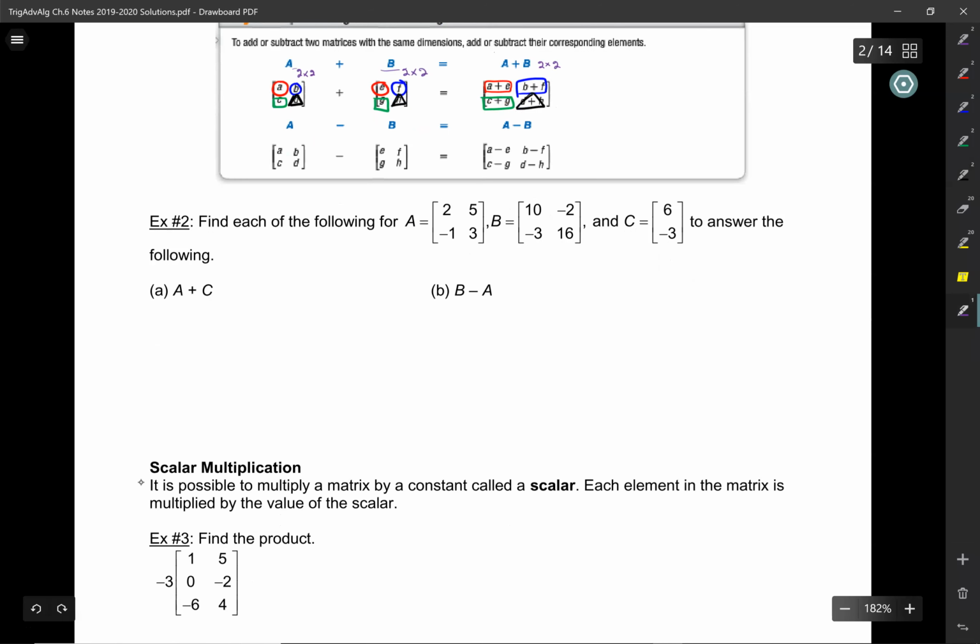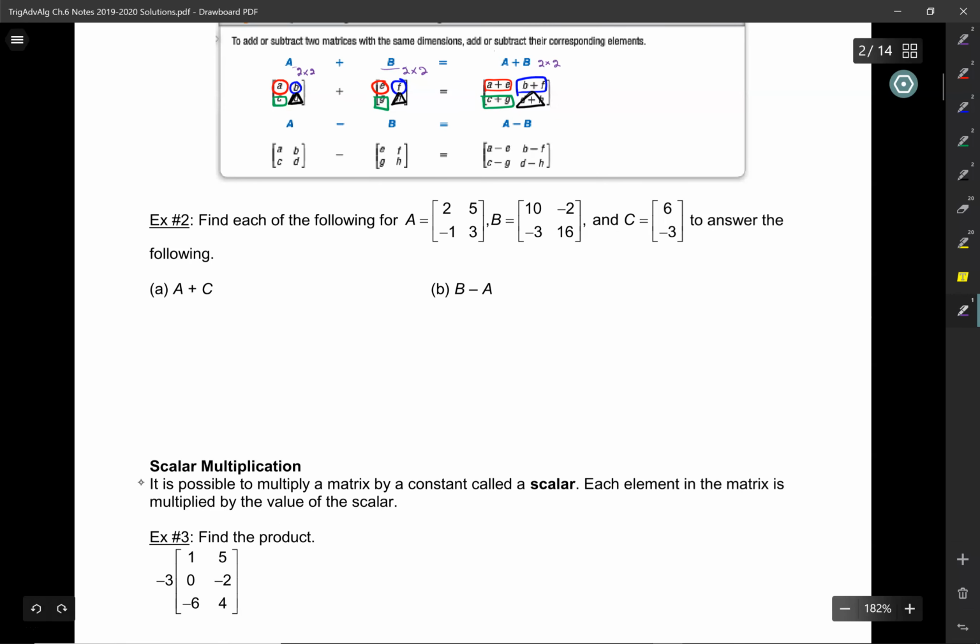So you know what, without further ado, let's just go ahead and do this one. I have a matrix A, I have a matrix B, I have a matrix C. I want to add A plus C. Oh, not the same dimensions. Not possible. Okay?